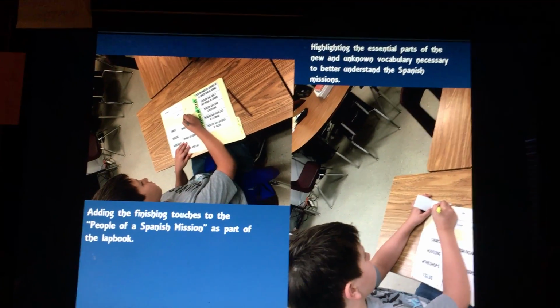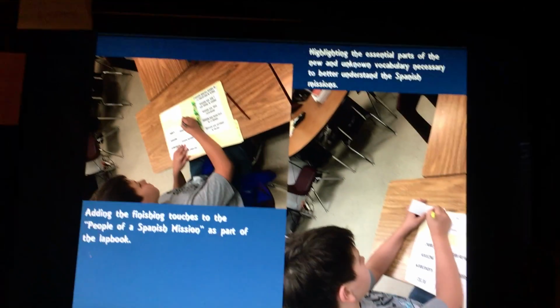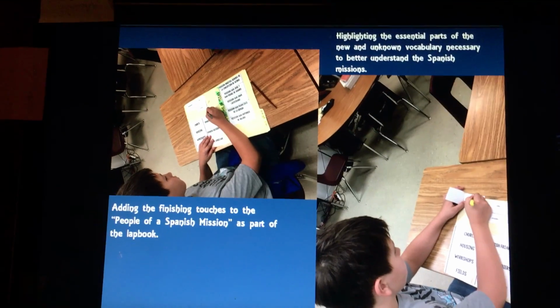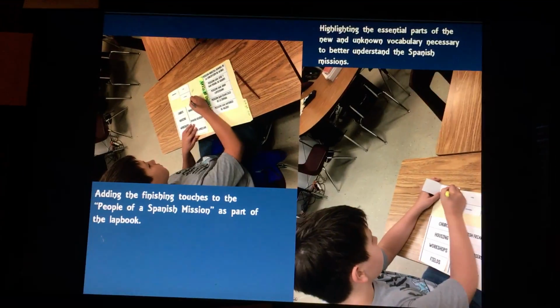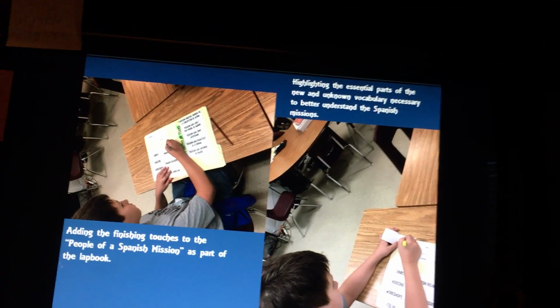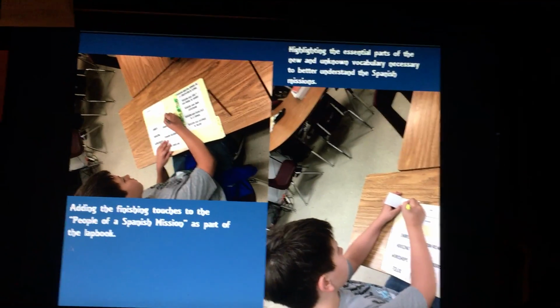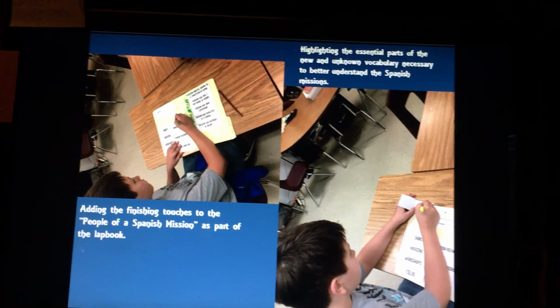I have not looked it over to see what he is writing, but he is writing under the Spanish friar, and it looks to me like he is comparing it to a priest, so that he is better able to understand that that person or that type of position is religious, and he's using that terminology.